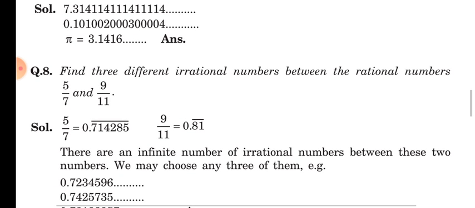So first we have to divide 5 by 7. If you divide, you will get 0.714285, and again it will repeat 714285, 714285. So we can put a bar on the digits which are repeating.